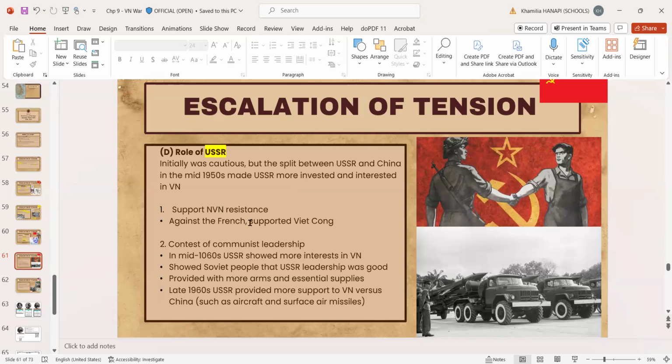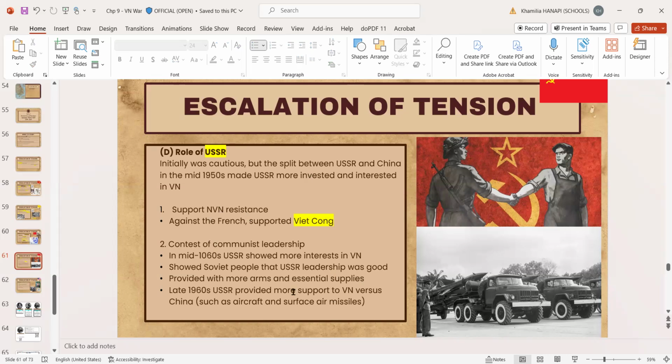They supported specifically the Viet Cong, the Vietnamese soldiers. Both China and the Soviet Union, even though they were communists, were not really friendly with each other. So the Soviet Union sort of overcompensated and gave more support to North Vietnam.